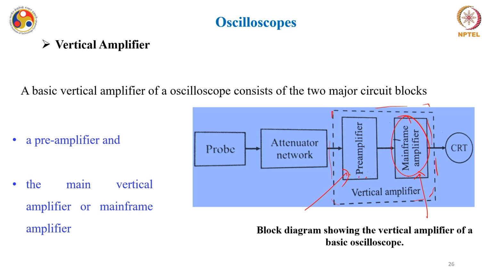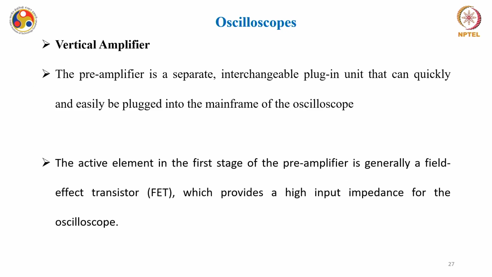The preamplifier is separate and can be interchangeable. You can simply plug it in, and based on this plug-in, you can change these values. It can be easily plugged into the mainframe of the oscilloscope, which directly connects with the next stage, the mainframe amplifier.